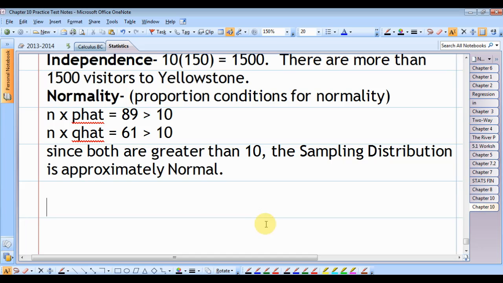Star 67. See what this does to them. Star 67.